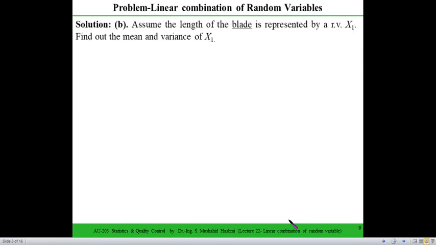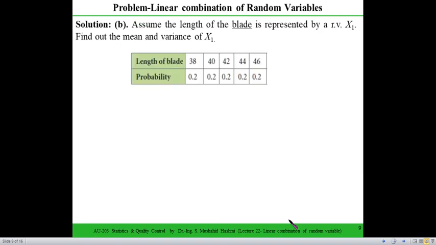In the second part, you need to calculate the mean and variance. As you know the length of the blade and its probability distribution, and you know the formula for the expected value of a random variable, this is x1 and this would be its corresponding probability, p of x, just multiplying the length with the probability and taking the sum.